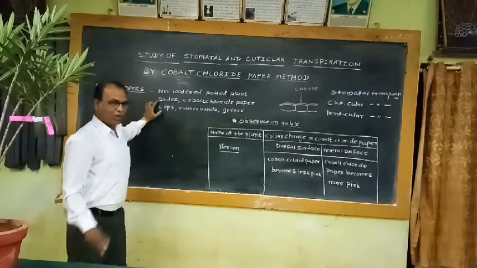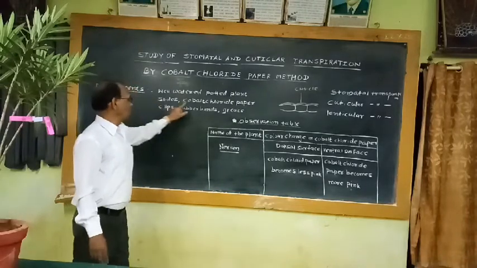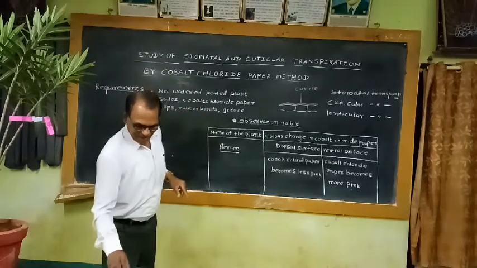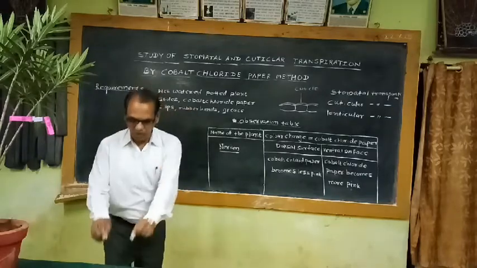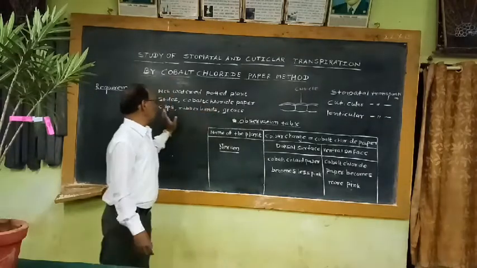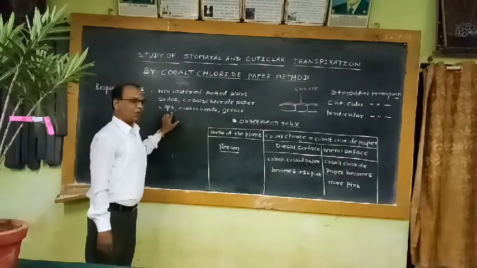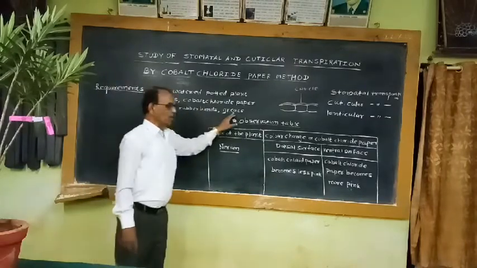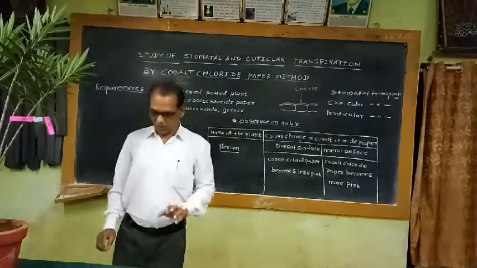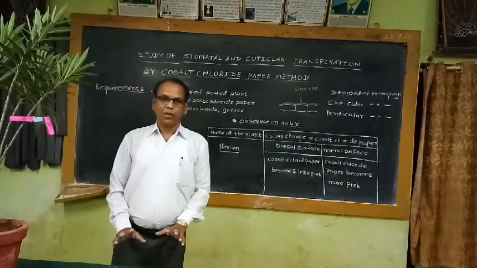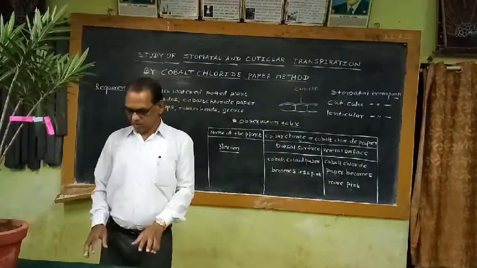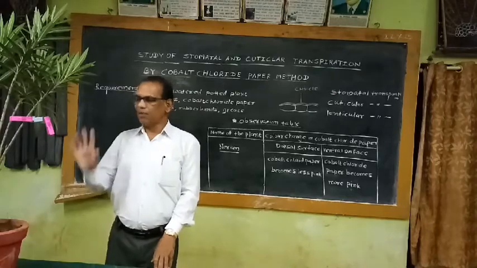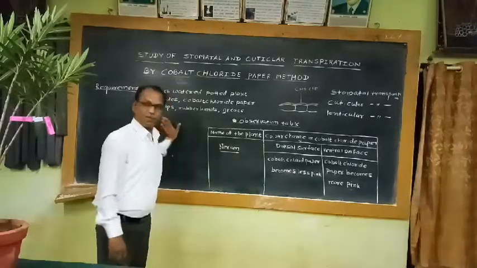Then we also require 2 glass slides, 2 equal sized pieces of this cobalt chloride paper, clips or rubber bands, as well as grease or Vaseline. So we should set the experiment with the help of these requirements.